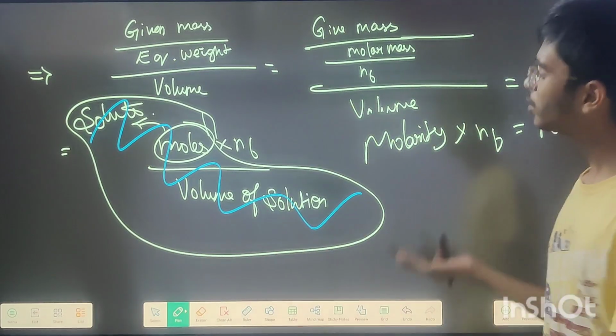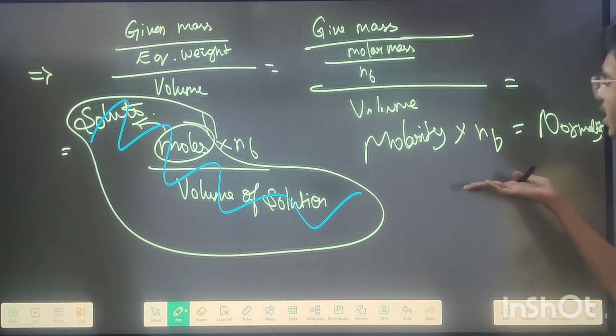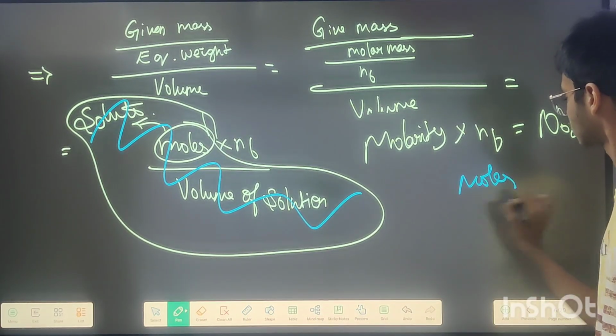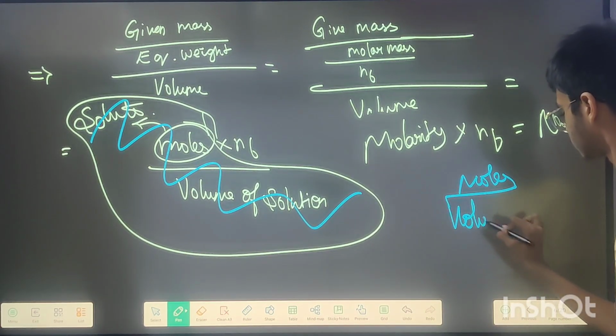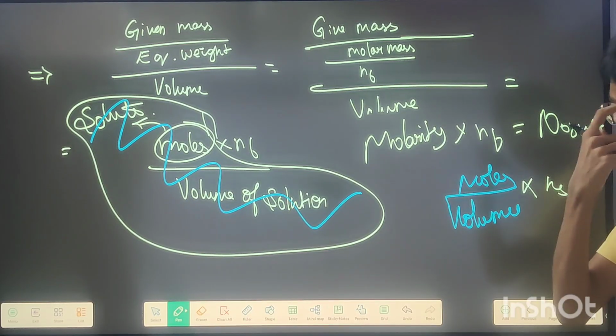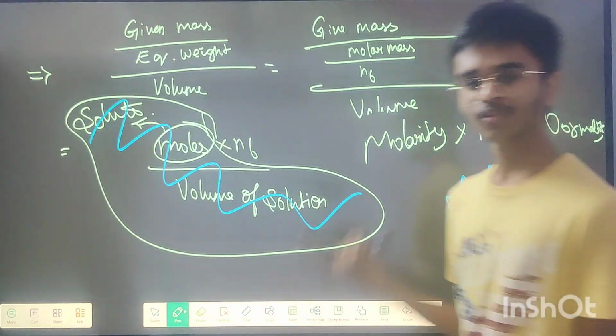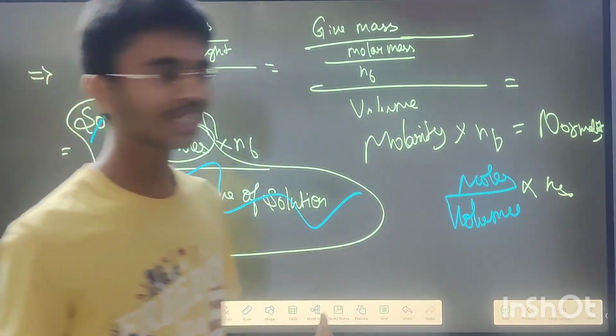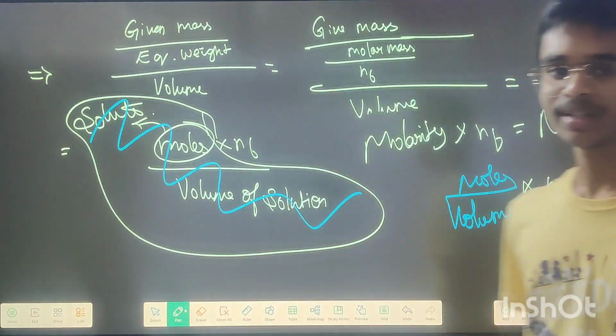Or you need not even remember this, just remember one equation: normality is moles divided by volume, multiplied with n factor. That's it, you will get the normality. If you already remember the formula of molarity, the formula of normality is very easy.